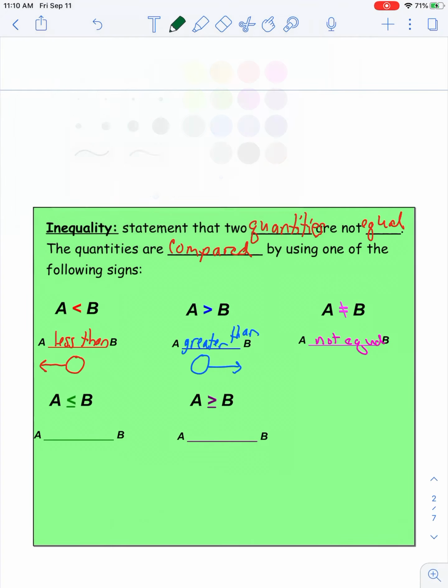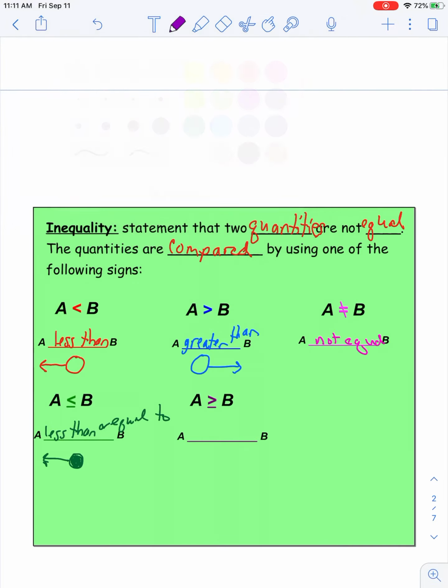The next one is A is less than or equal to B. So if we were graphing those values on a number line, we would have the values that are less than but also equal to, so we would shade in that circle.